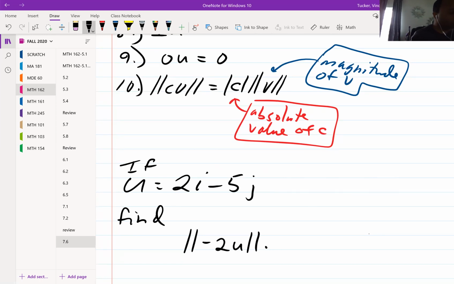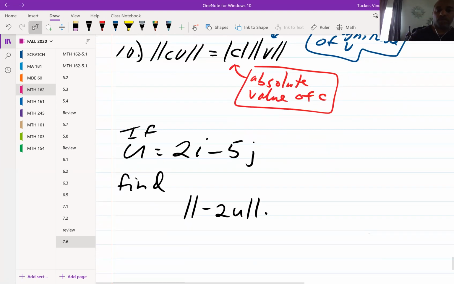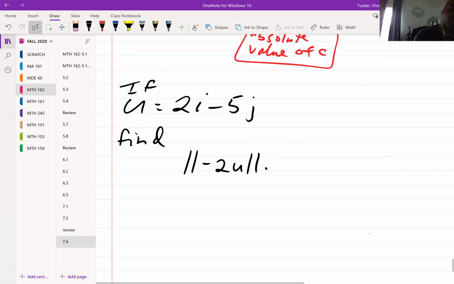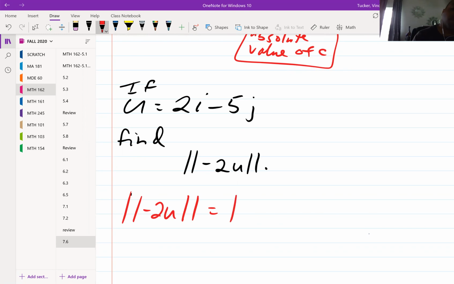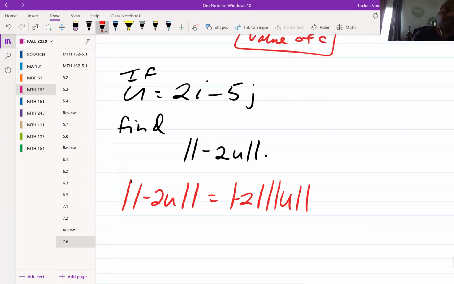All right. So what that last statement is saying is that the magnitude of negative 2u, I can pull the 2 to the outside and look at it this way. Absolute value of negative 2, then find the magnitude of u separately. So the absolute value of negative 2 is just 2. And I still can look to find the magnitude of u.